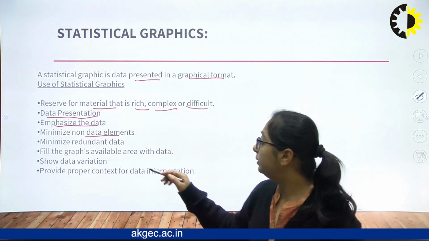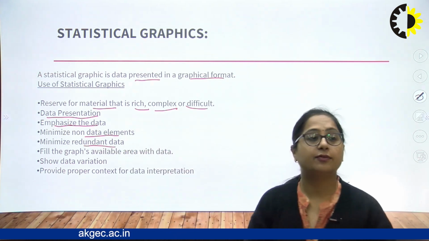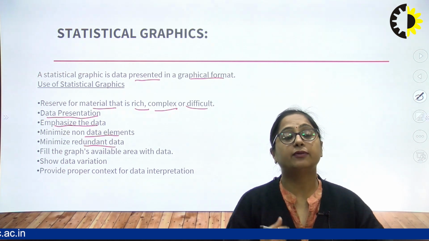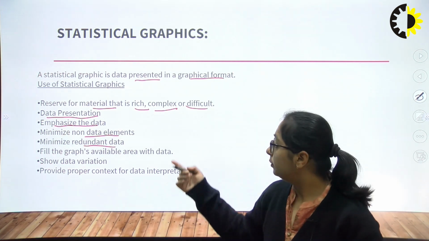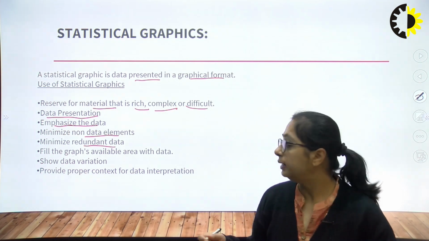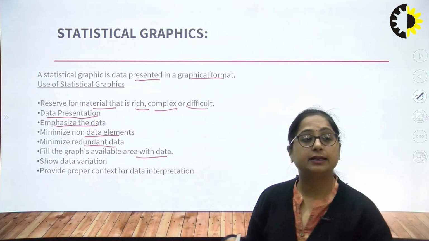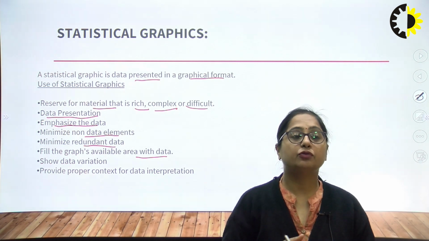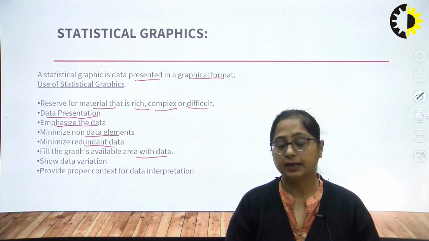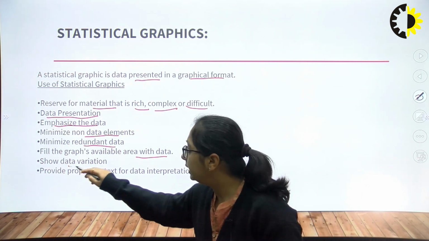Next, minimize redundant data, that is, data that appears more than one time. We have to fill the graph's available area with the data, and we have to show the data variations.